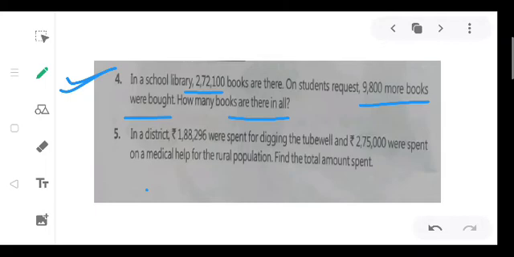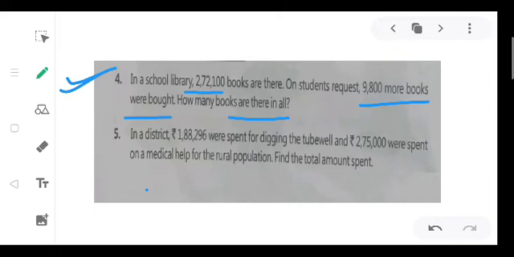In that district, some people or maybe government had spent 1,88,296 rupees for digging the tube well to bring out the water for the rural population, the people who are living in rural area. They want to install the tube well there. And 2,75,000 were spent on the medical help of those people. Rural people की help के लिए they have spent 2,75,000.